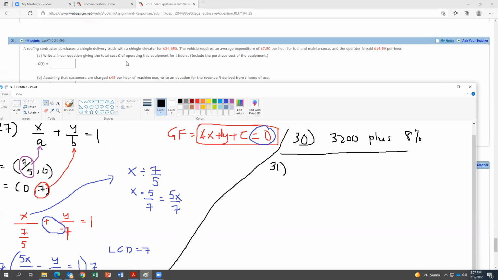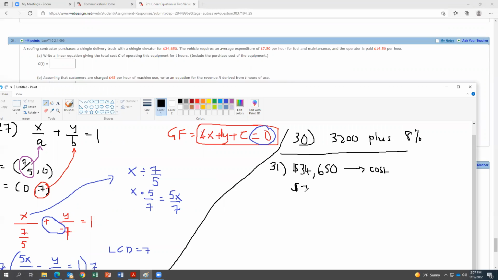Question 31. So this is the word questions. A roofing contractor purchased a shingle delivery truck with a shingle elevator that cost $34,650. This is how much it cost. The vehicle requires an average expenditure of $7.50.